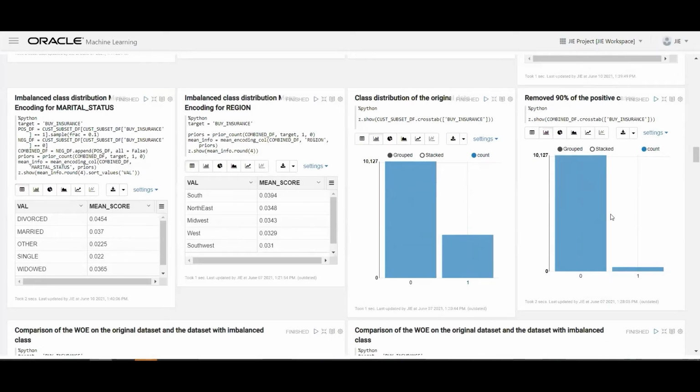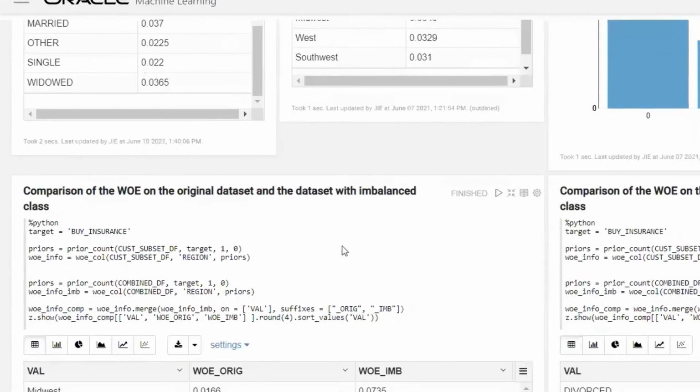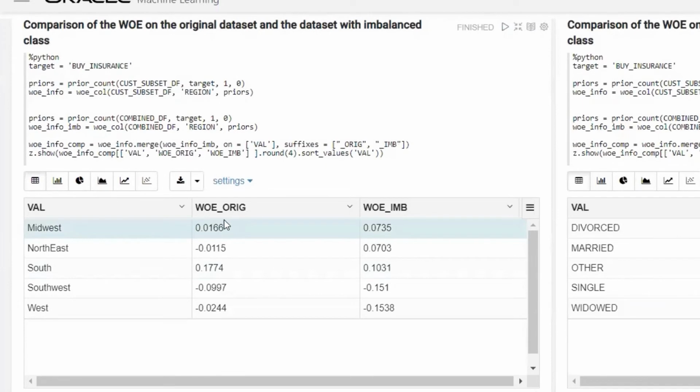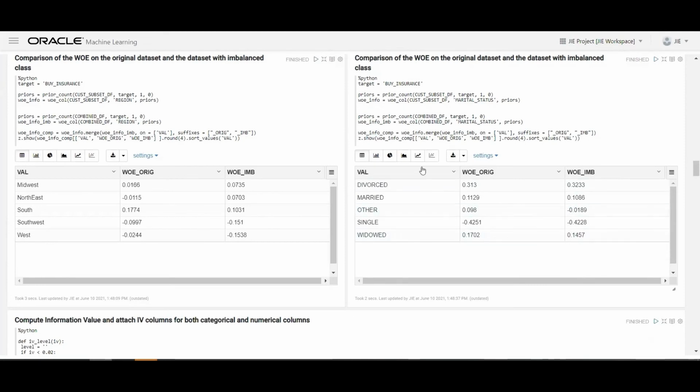Now this is an example with an imbalanced data set. After we change the data set to an imbalanced one, what will happen? We can see the weight of evidence didn't change too much here.